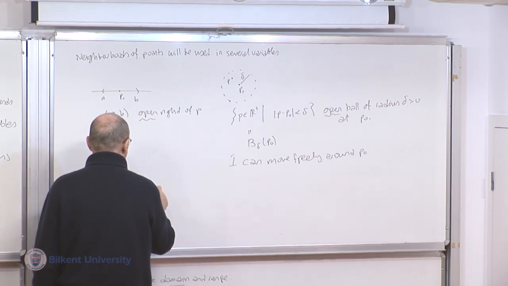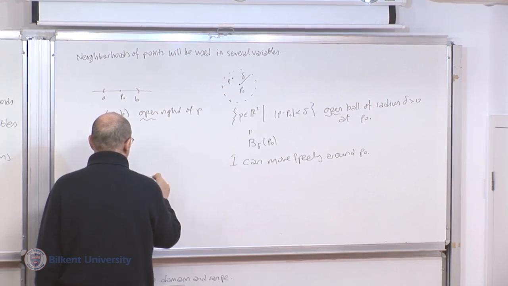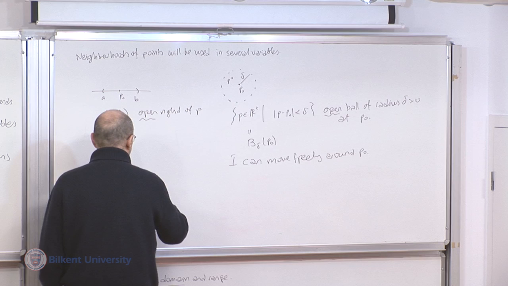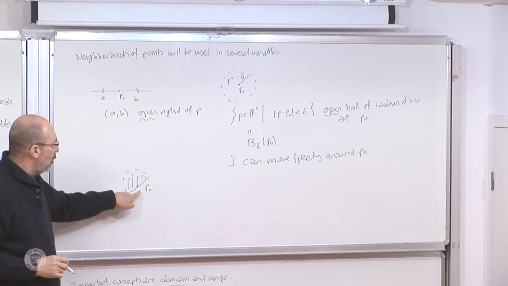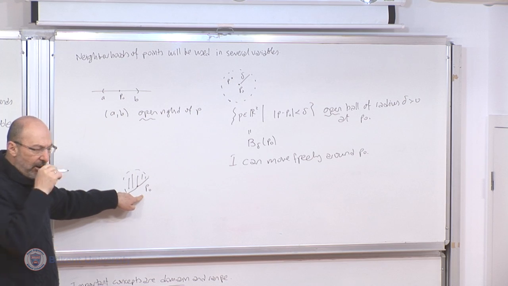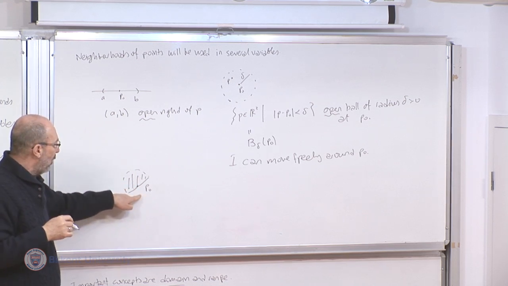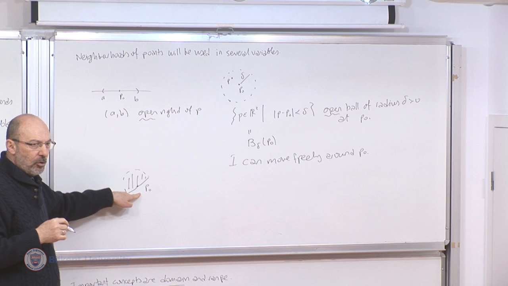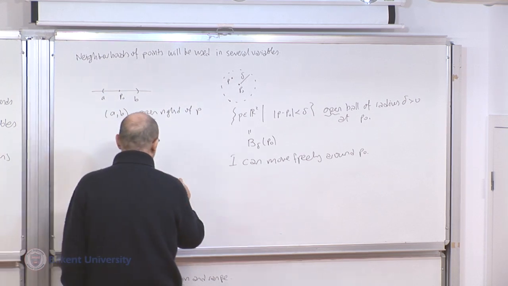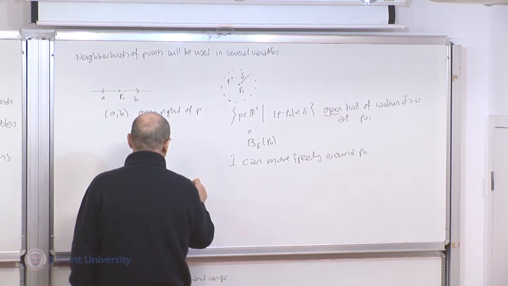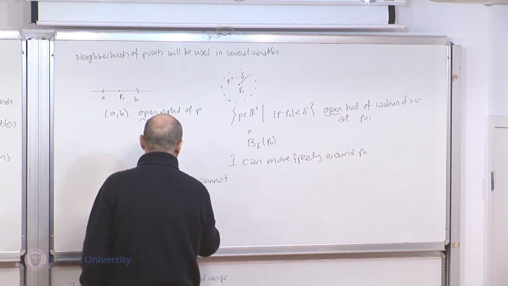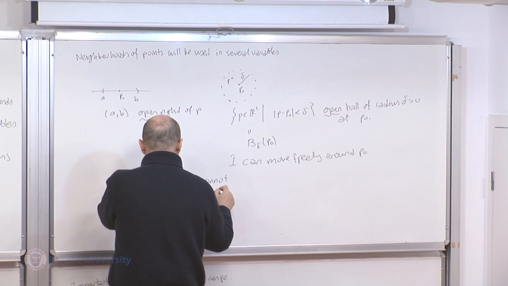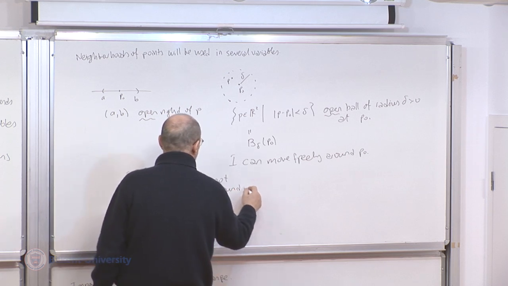If this is P sub 0, and if I consider a set like this, here I cannot move freely around P sub 0. I restricted myself only to this part, but there are also points here. I'm not considering them. So here we cannot move freely around P sub 0.